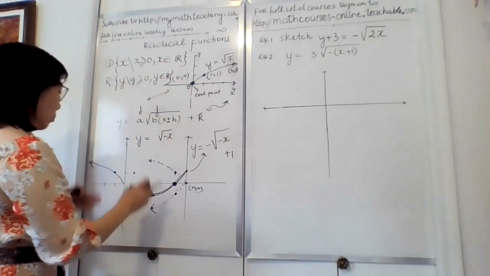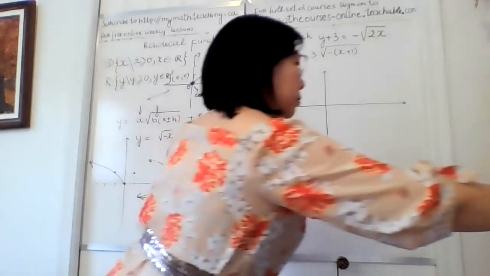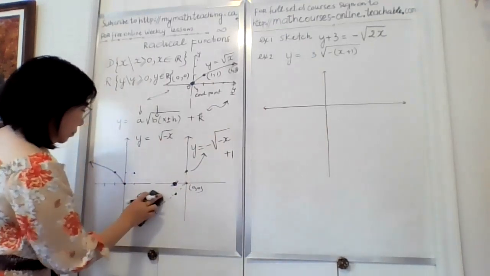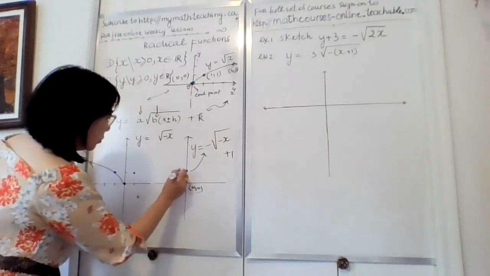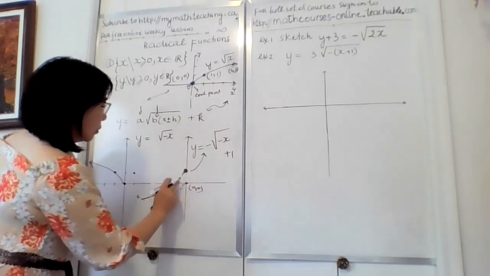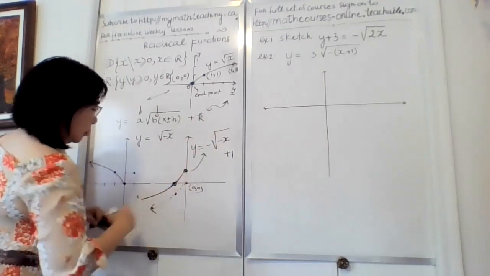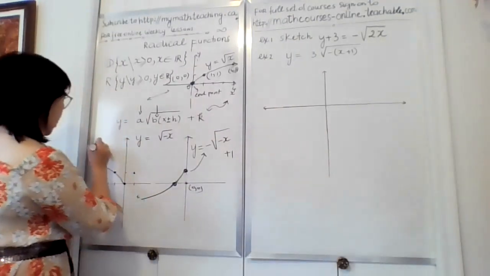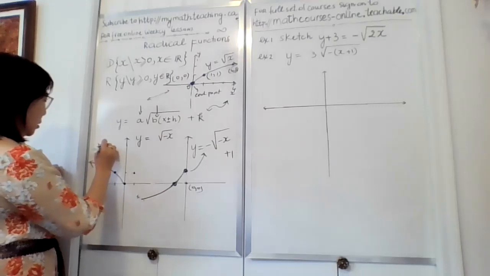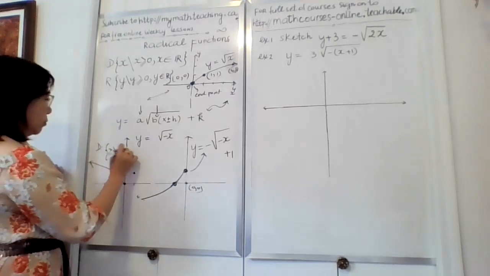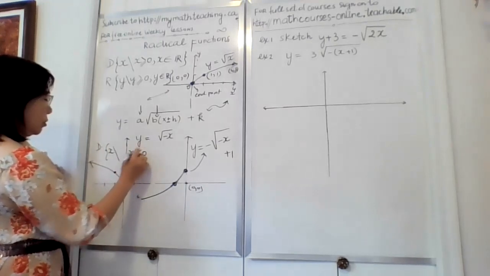Now let's do the domain and range for this radical function here. The domain for this function will be a set of x such that x has to be less than or equal to 0.